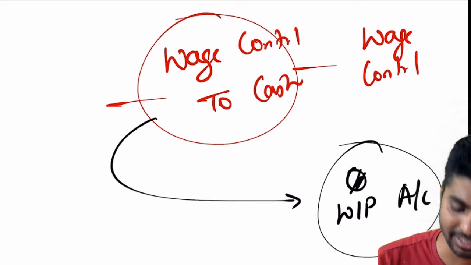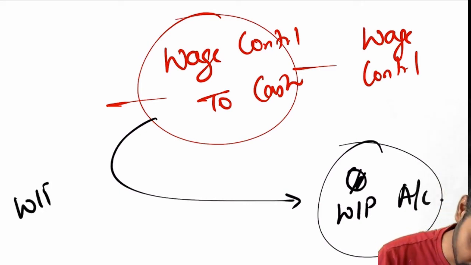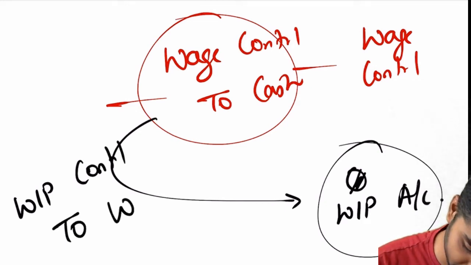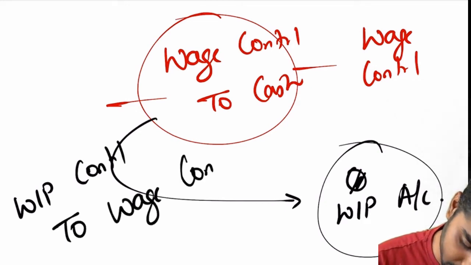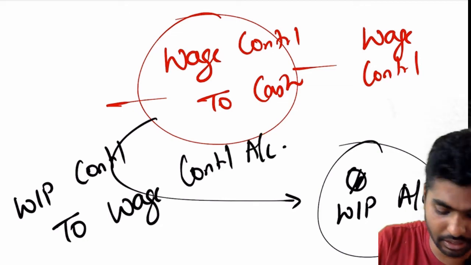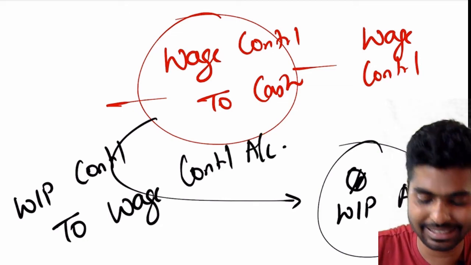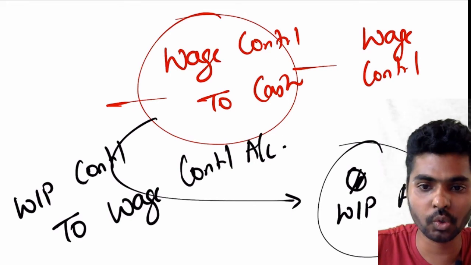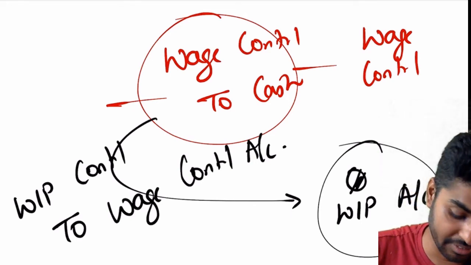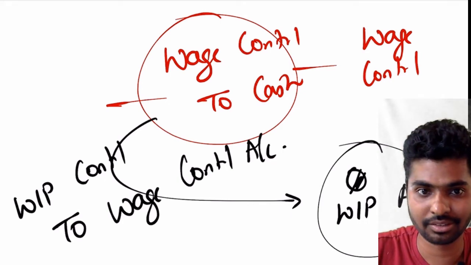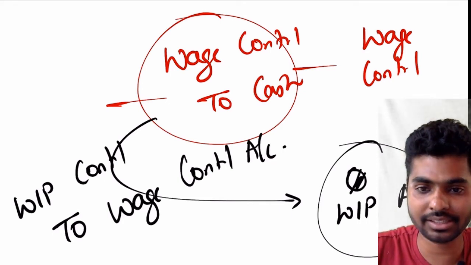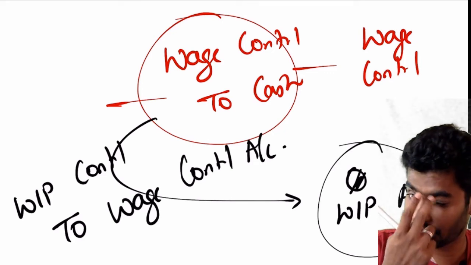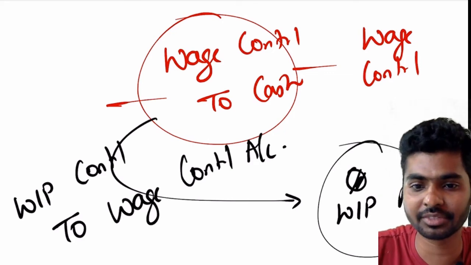So who's receiving it? WIP control account is receiving it. And who's giving it? Wage control account. So who's getting it is the WIP account. Who's giving it is the wage control. Are you guys clear with this? Aditya, Shivani, and Karthik.